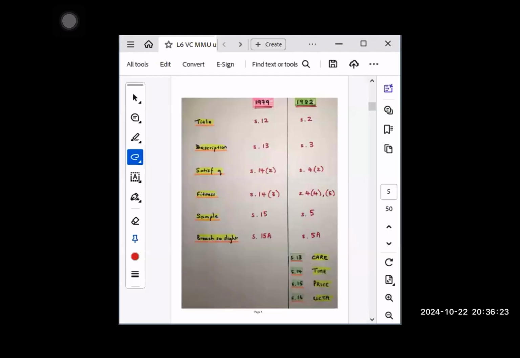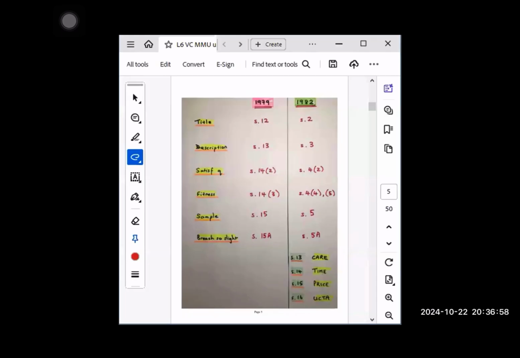So there is a huge overlap between Sale of Goods Act questions on sections 13 and 14 and the supply question, which is why, if you are going to be revising sections 13 and 14 of the Sale of Goods Act, you might as well revise for the 1982 Act question because they overlap.